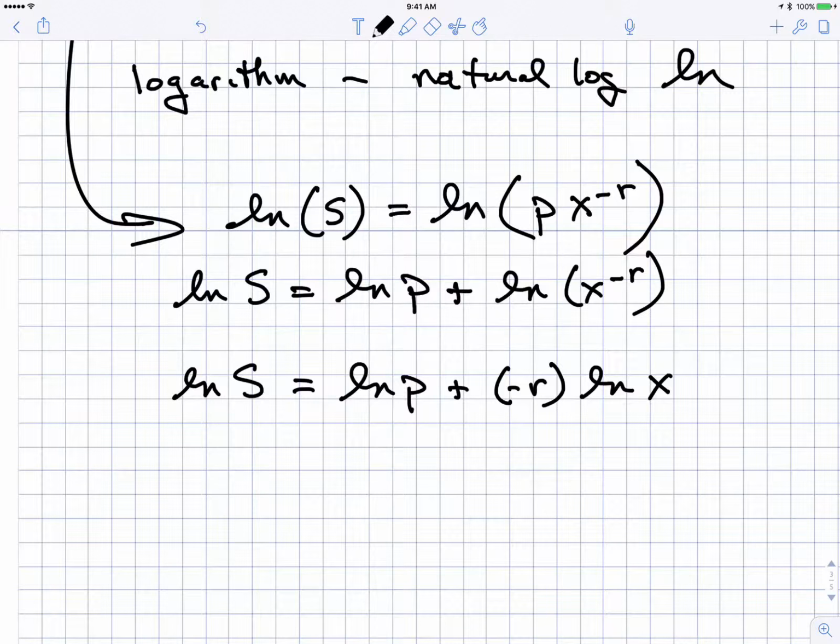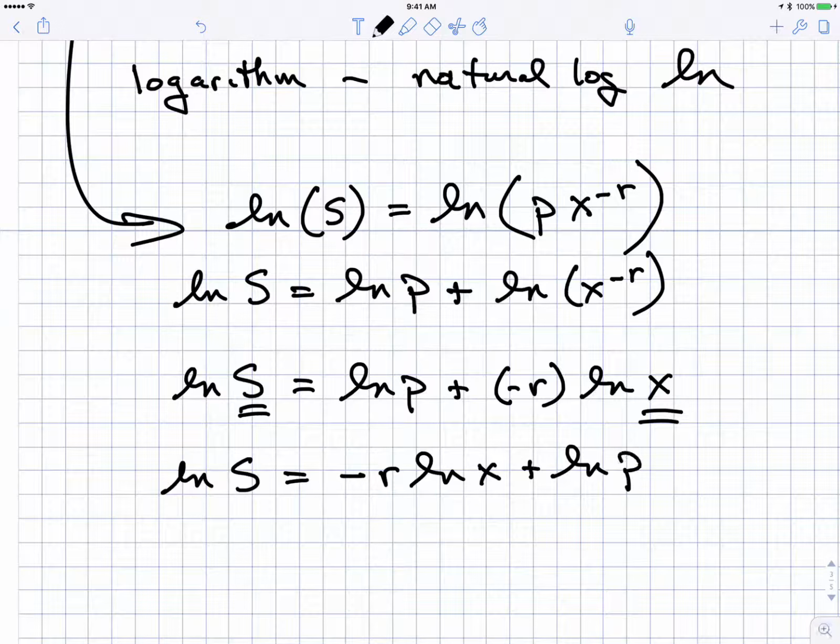So this now makes things a little easier because what we can measure are s and x, but now the p and the r are outside it, and it perhaps can be a little simpler. And to do this, we can take advantage of some other things. Now I'm going to rewrite this in a slightly different form. I'm just going to move some terms around, and I'm going to write this as the natural log of s equals minus r natural log of x plus natural log of p.